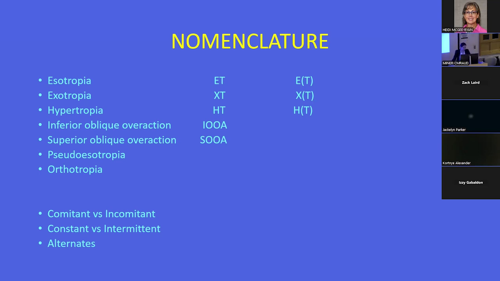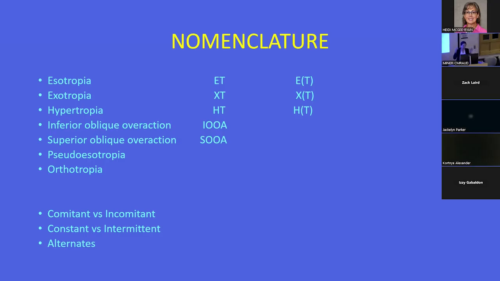Then constant, we all know what that means, and intermittent, meaning the patient is drifting, but sometimes the patient is straight. So it doesn't happen all the time. That's when we use the parentheses that I was talking about. And then alternating means, especially in babies, this is important, that parents come in and say, okay, the baby's drifting the right eye.